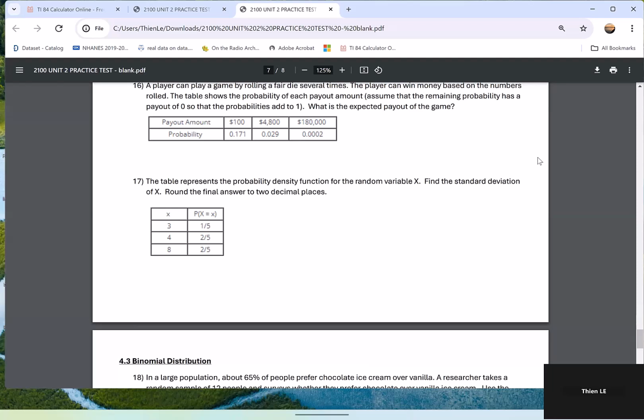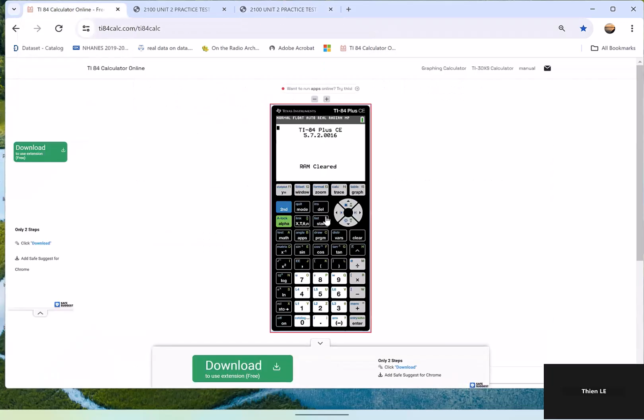So I would recommend again just using the TI for this kind of problem. Don't do a manual calculation, because a lot of the time it will cause you trouble, given the time constraint. So let me quickly use the TI here, so you can see how we're going to process this.